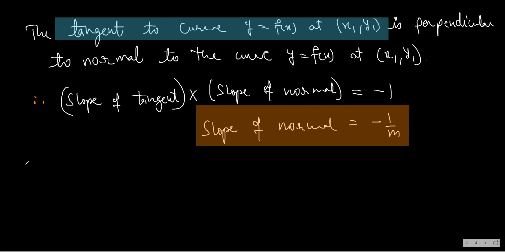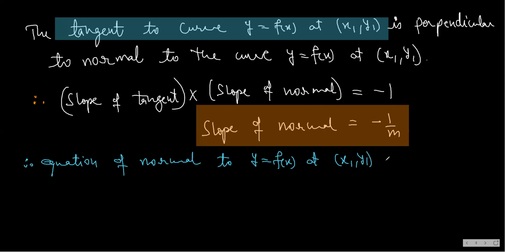Therefore, the equation of normal to y equals f of x at (x1, y1) can be given in slope point form.